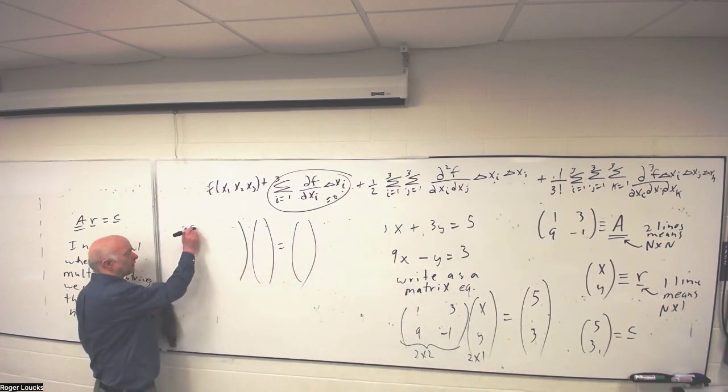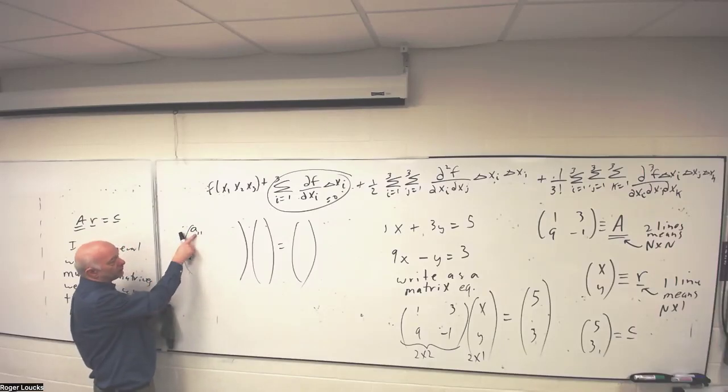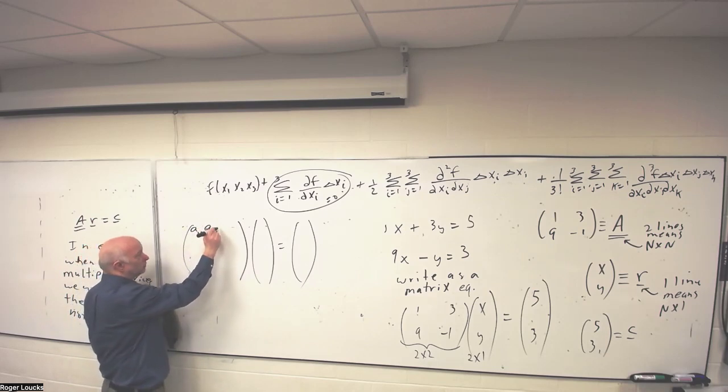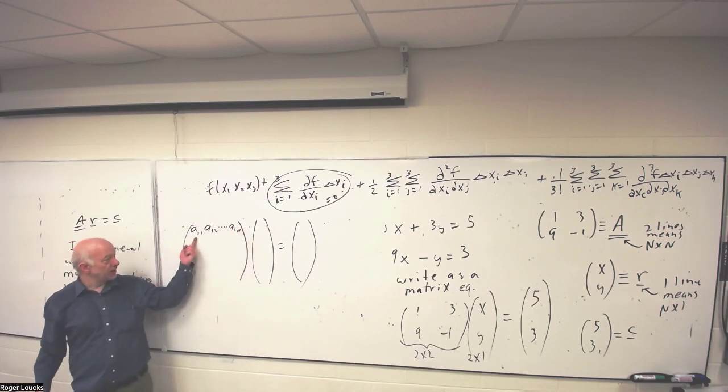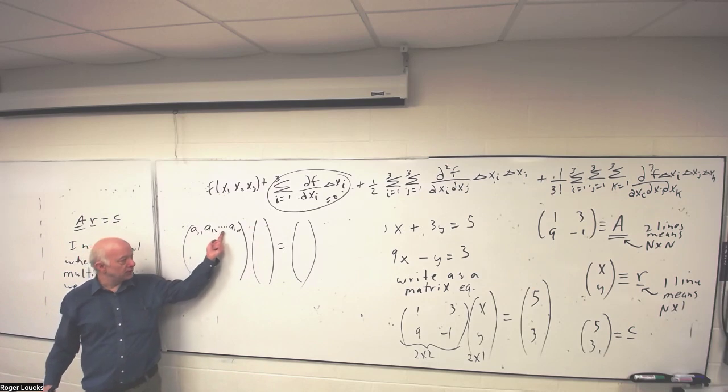I would call this element here a little lowercase a, I'd call it a11. The 1 here means that I'm in the first row. The second one is the column. So this would be A12, all the way to A1N. That makes sense? So I'd have an A11, an A12, an A13, an A14, all the way through to A1N.